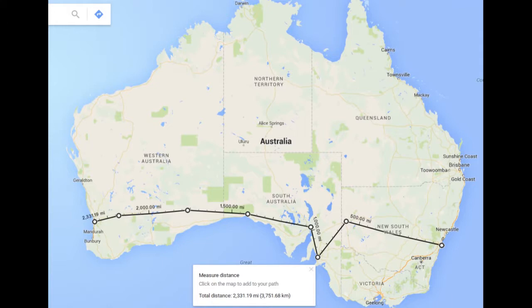I know, but just to see. And Google has a very different distance than the railroad did. And as you can see here, I added it all up. It comes out to 2,331 miles, or 3,751 kilometers, as the total distance for the train ride.